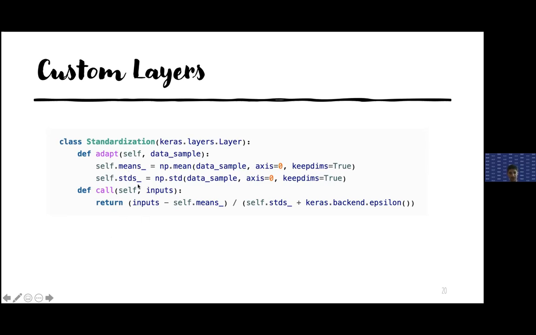And you have to make sure to call the adapt function before the call, because what adapt does is learn your mean and standard deviation from one data sample. And then the call function is automatically called in the model. So this layer is standardizing the input features of your model.